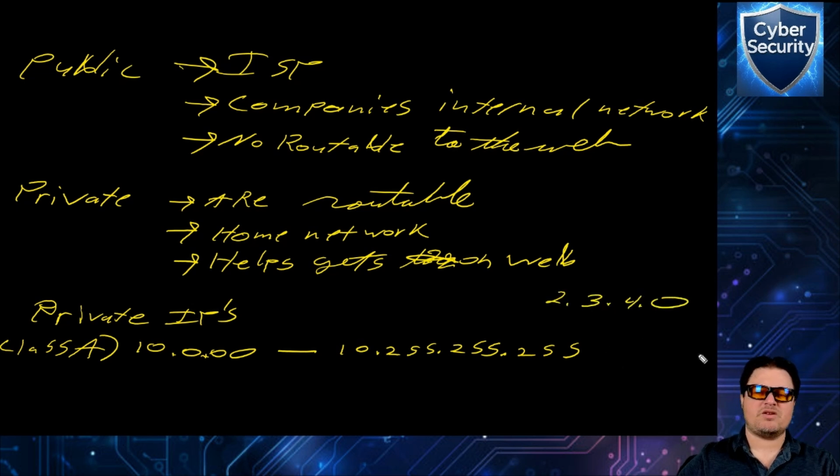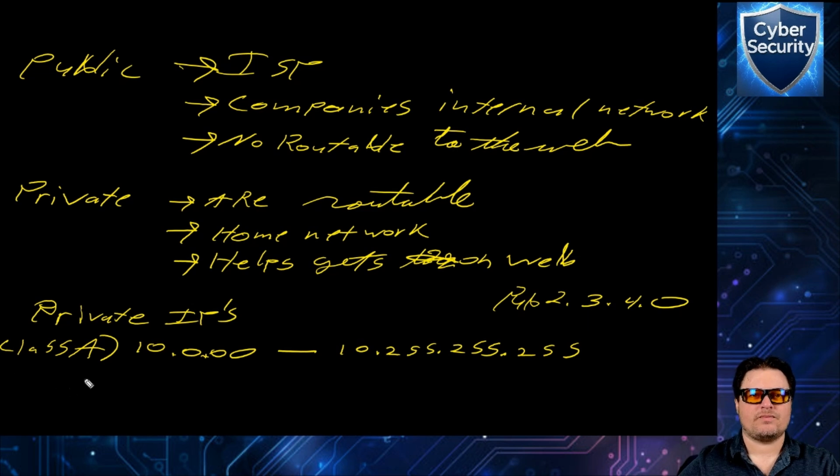You're like, oh, that's definitely a public. Why is it a public? It's outside this range of 10 dot whatever. So 10 dot whatever, if it's not in that range and it's a Class A address, is definitely public, right?